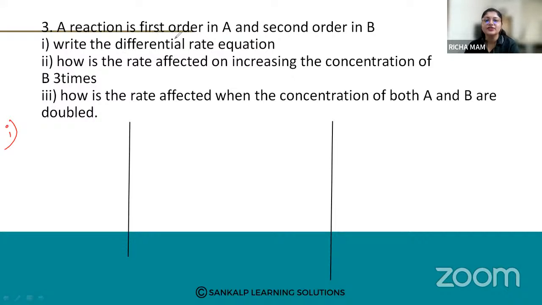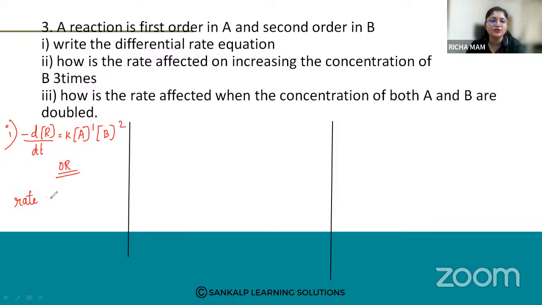The reaction is first order in A and second order in B. So how will it be written? Minus d[R] by dt is equals to the rate, which is k into [A] to the power 1, since the reaction is first order in A, and [B] squared, since it is second order in B. This is the differential rate equation.